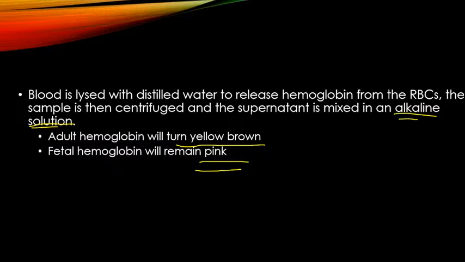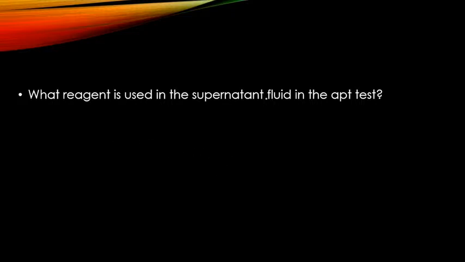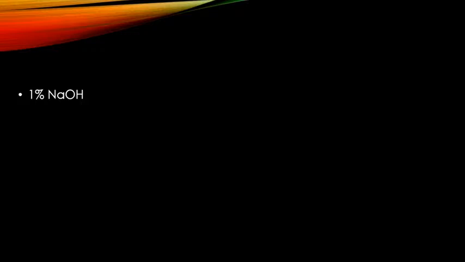Alright? Now, what reagent is used in the supernatant fluid of the APT test? Why do we need to use the supernatant fluid? Why do we need to double check the supernatant fluid? Maybe because the sample has been lysed, or there is lysis, so we can confirm it using 1% sodium hydroxide. Okay?